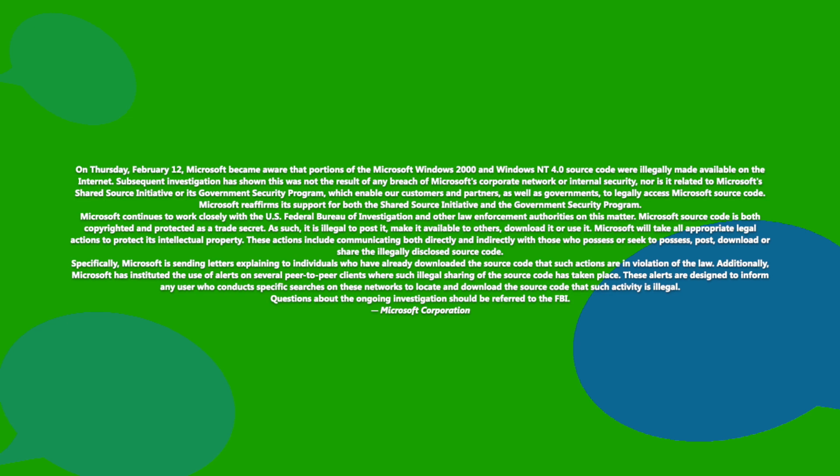Specifically, Microsoft is sending letters explaining to individuals who have already downloaded the source code that such actions are in violation of the law. Additionally, Microsoft has instituted the use of alerts on several peer-to-peer clients where such illegal sharing of the source code has taken place. These alerts are designed to inform any user who conducts specific searches on these networks to locate and download the source code that such activity is illegal. Questions about the ongoing investigation should be referred to the FBI.